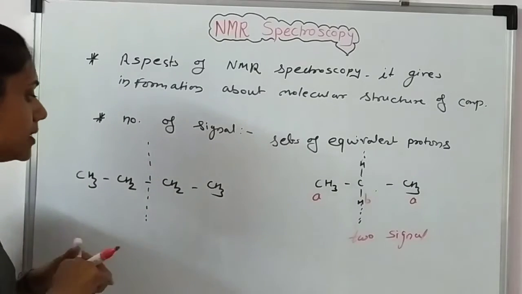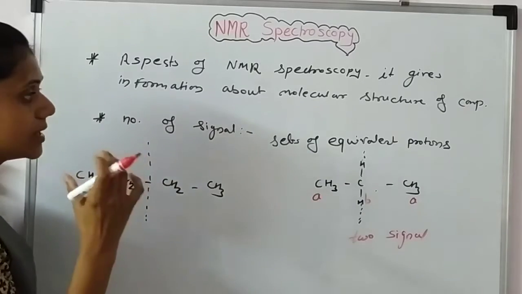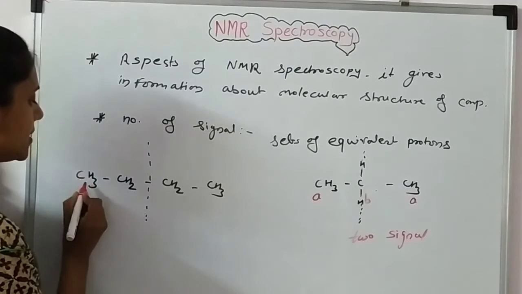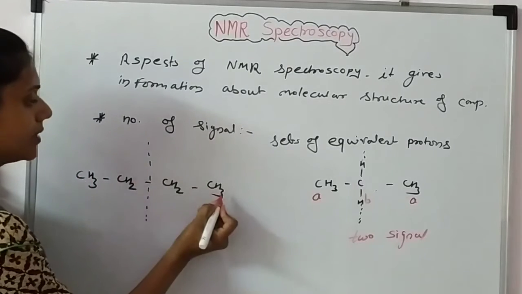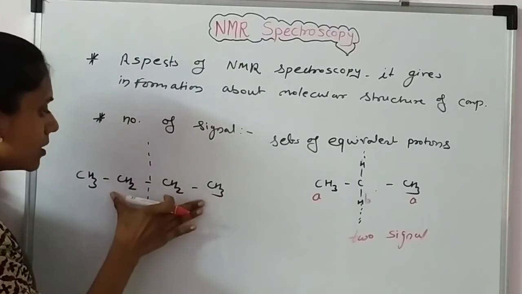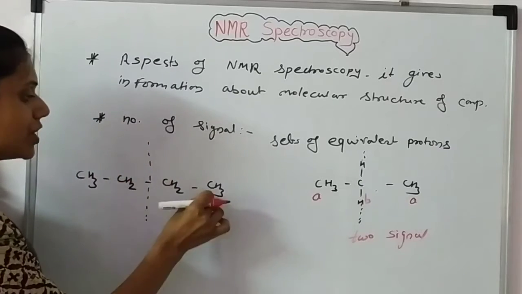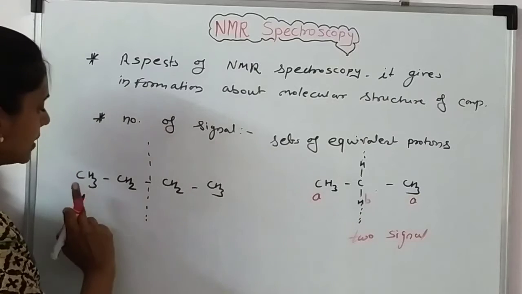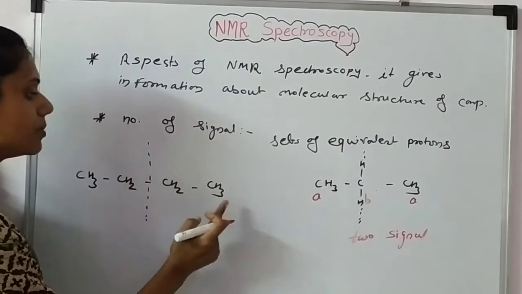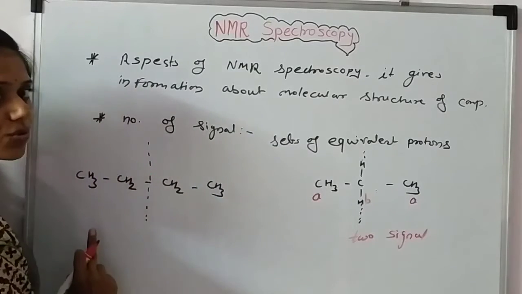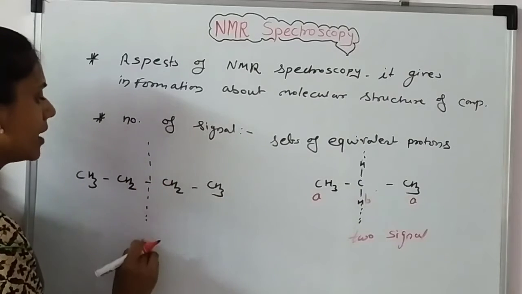Obviously, we easily get the sets of equivalent protons. This CH3 and this CH3 have the same environment. That means they are attached to a CH2 group. Same environment is there.